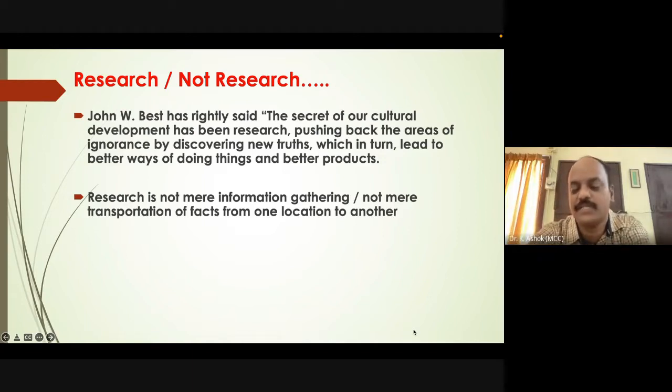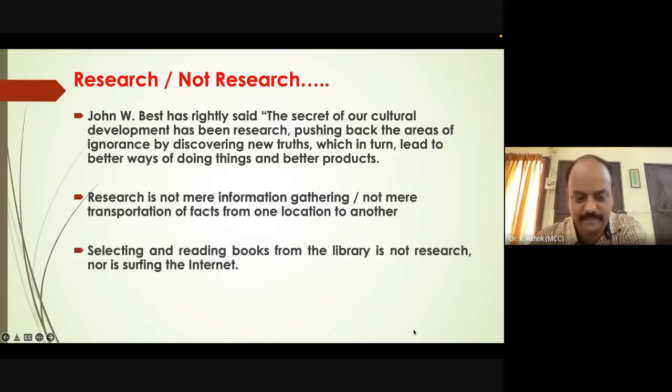Research is not mere transportation of facts from one location to another. And now a new trend has come, where by flipping through books and the internet we say that we have got some good materials. Selecting or reading books from the library is not research, nor is surfing the internet research.